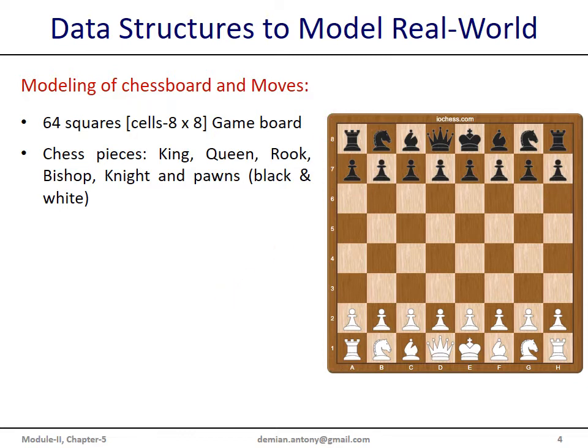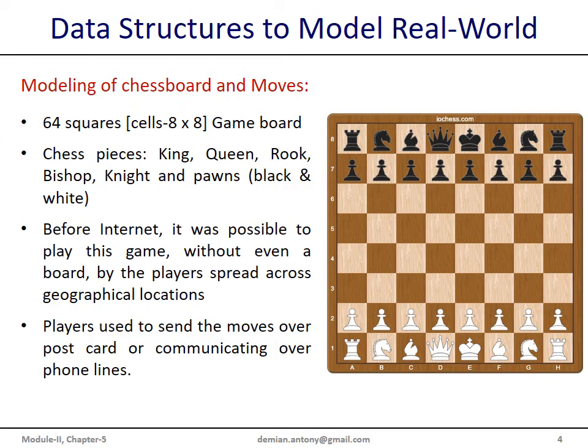And what about this game before the internet? Before the internet, people used to play this game even though they were at different geographical locations, and sometimes even without a chessboard. And how did they communicate the different chess piece moves?